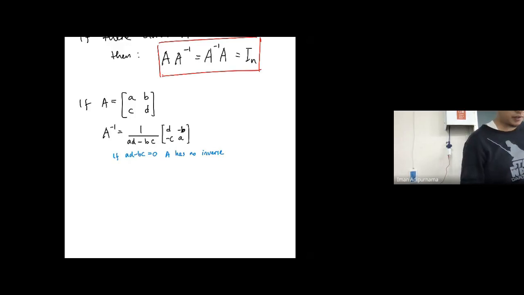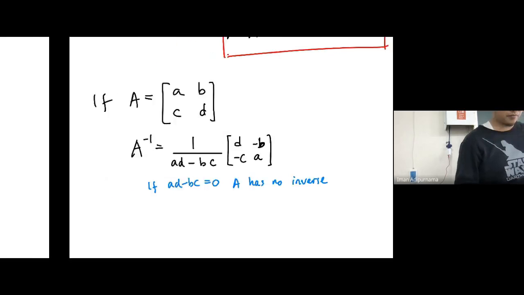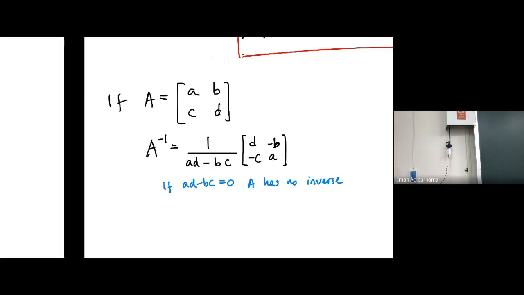For example, the inverse for a 2 by 2 matrix, I think it's doable, and it's not like a big matrix. At least for inverse, we will learn until the 3 by 3 matrix. Okay, it's 2 by 2 and 3 by 3.